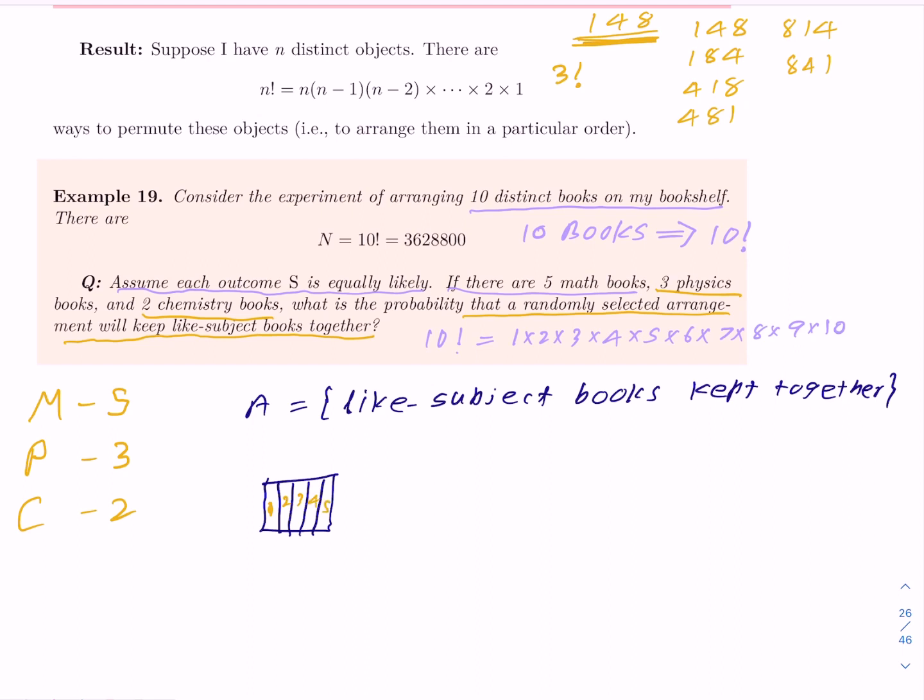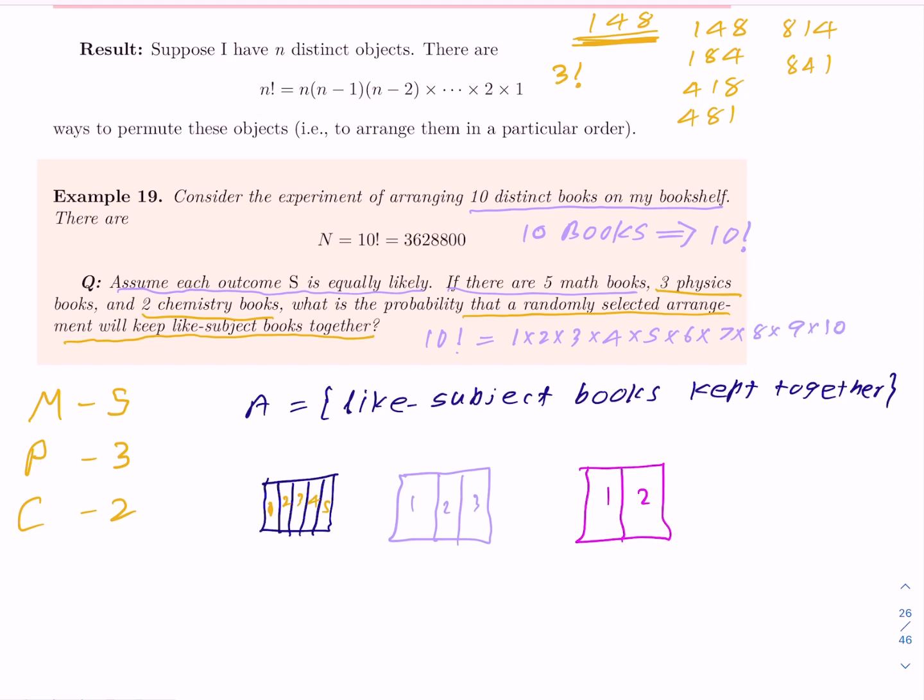Then you have physics, 3 physics books, 1, 2, 3. And the last one is chemistry, 2 chemistry books, 1, 2. So 5, 3, 2, that is 10 books in total.